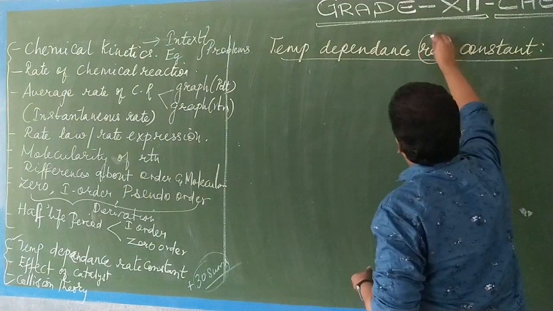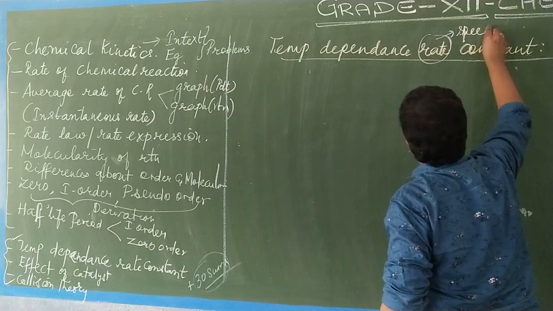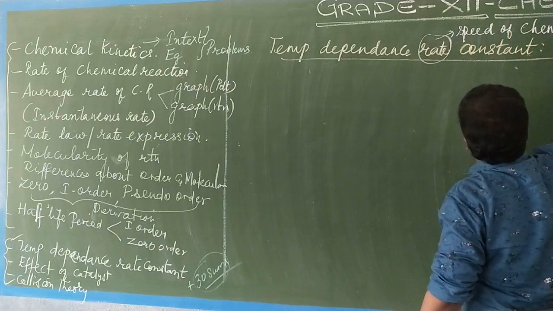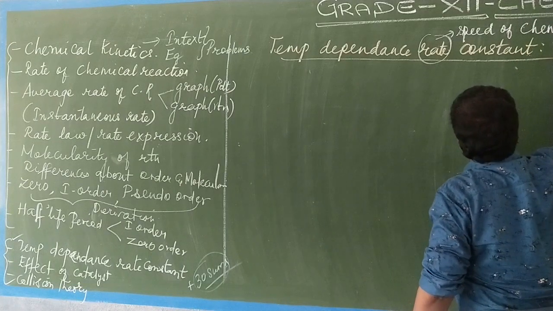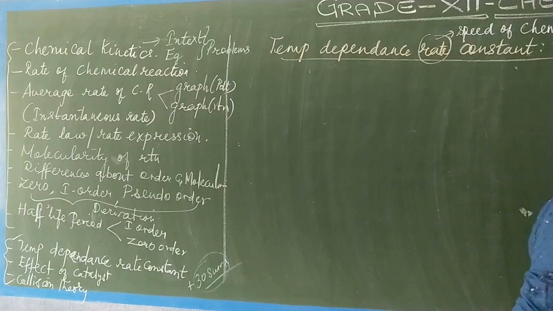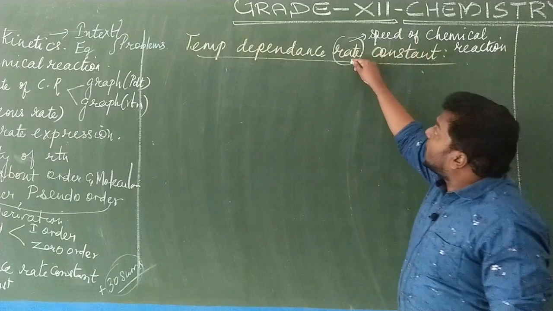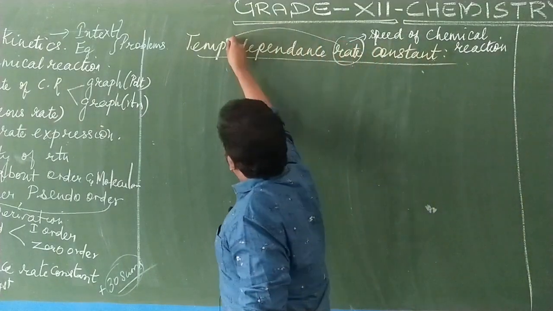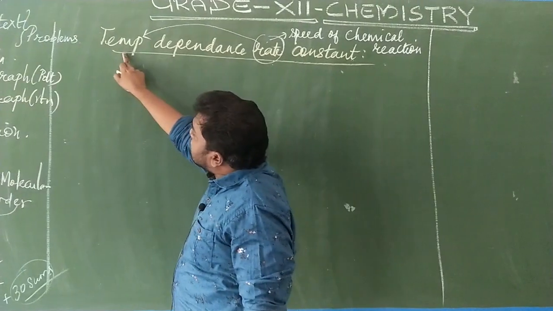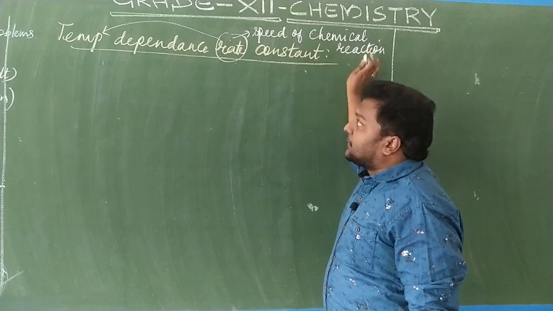Rate is nothing but the speed of the chemical reaction. Define rate: rate is speed of chemical reaction. The speed of chemical reaction, which is called a rate, depends on what? Depends on the temperature. That's the topic. So temperature plays a very, very significant role in determining the speed of a chemical reaction.